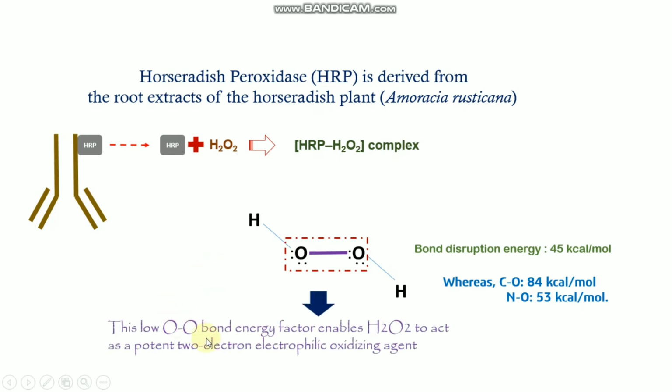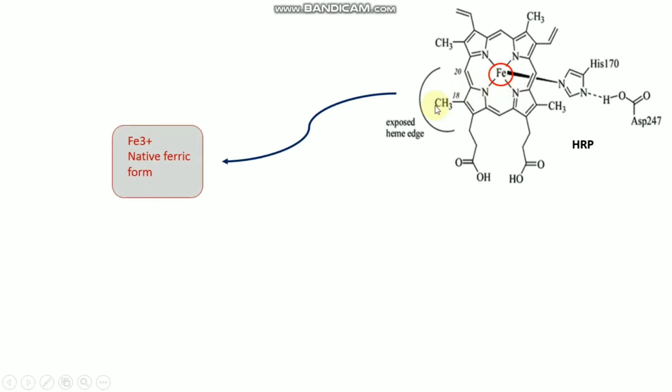This low O-O bond energy enables hydrogen peroxide to act as a potent two-electron electrophilic oxidizing agent. As you know, hydrogen peroxide is a very strong oxidizing agent. The HRP structure contains an iron group, or heme group, and this iron is in the native ferric form.